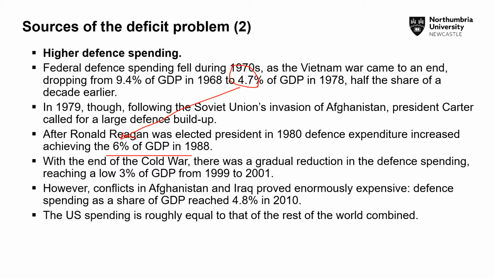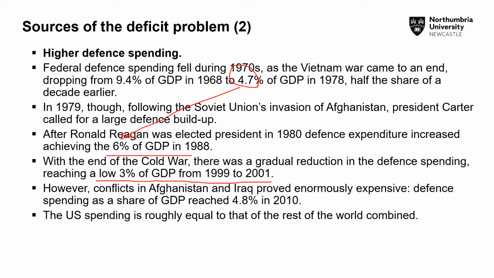What happened in the late 90s? Well, the Cold War came to an end, and therefore defense spending was as low as 3% of GDP from 1999 to 2001. However, as you know, there were conflicts that took place starting in 2003, specifically in response to September 11, 2001, a terrorist attack on the World Trade Center.